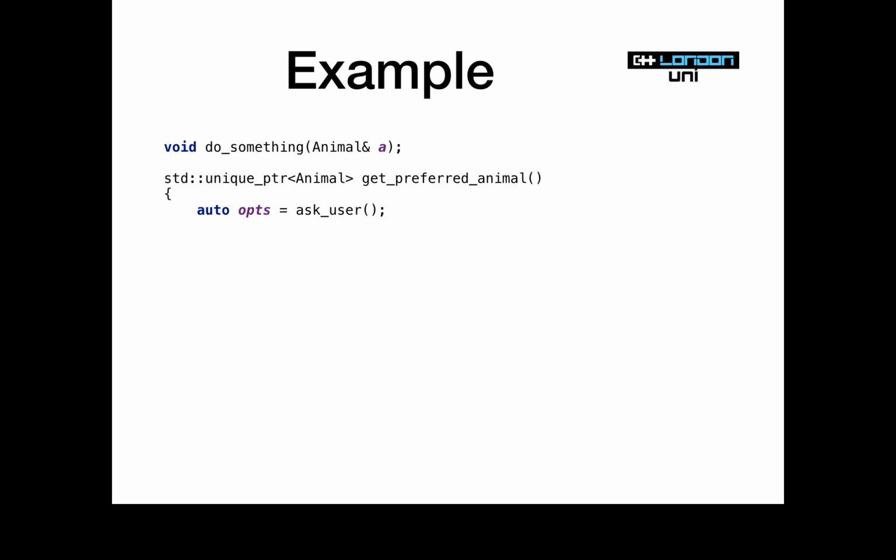So again, ask the user for their preference. If the user prefers cats, we return a unique pointer to an animal, and we call the unique pointer constructor, passing it a new cat. So this is like we had for our BadAnimalPointer, except now we're using this better standard class called unique pointer.